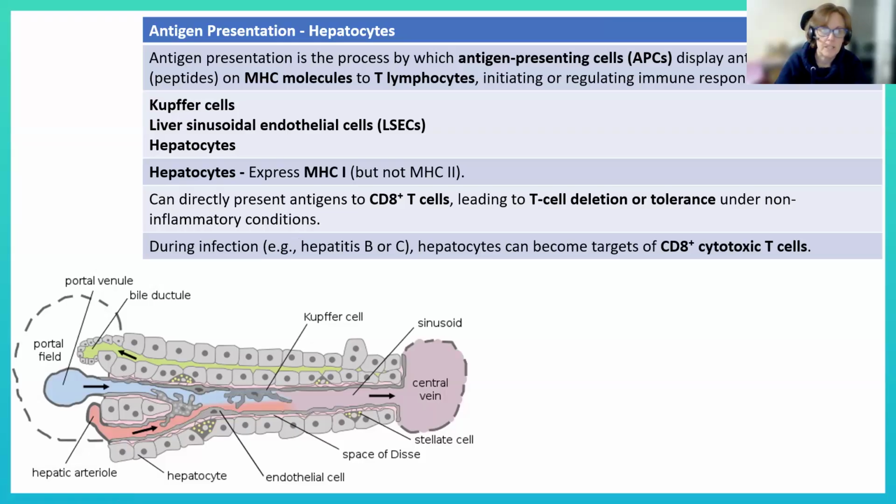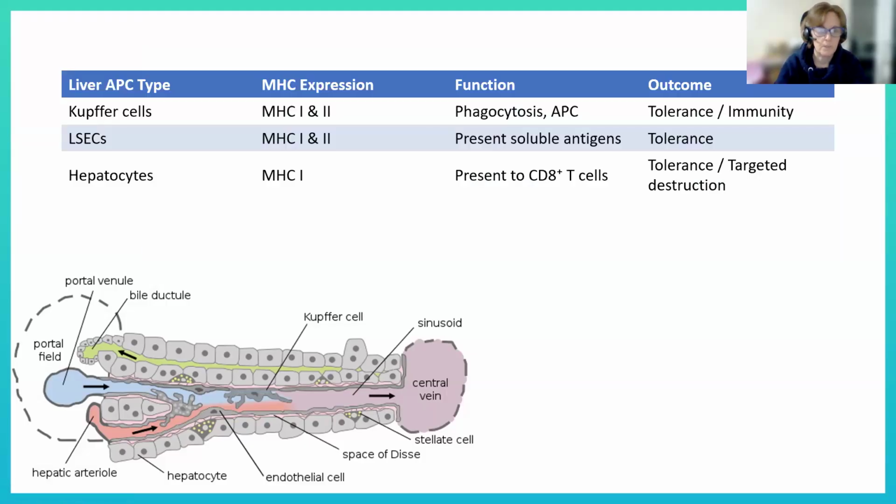Anything that ends in itis means inflammation of, so hepatitis is an inflammation of the liver. And these specialized cells that have a major histocompatibility complex role expressing antigens can become targets of your own immune system during infection. So obviously that's not very good.